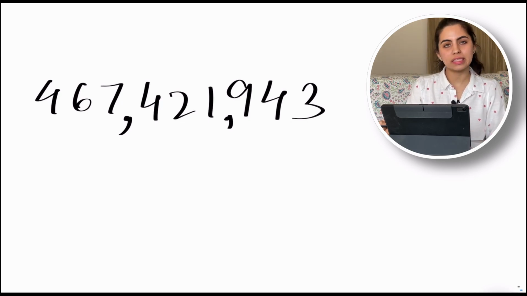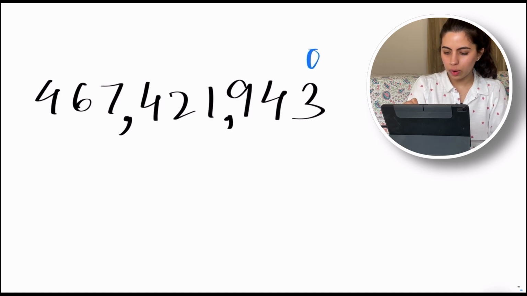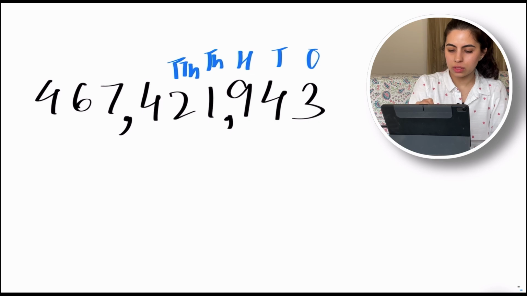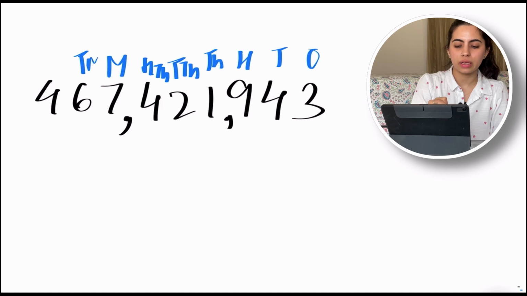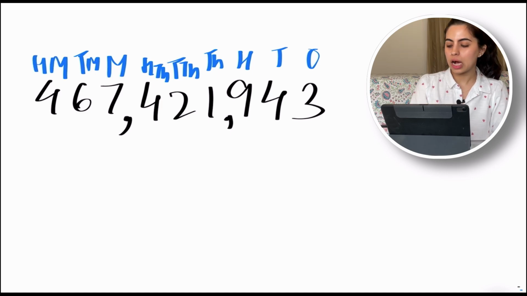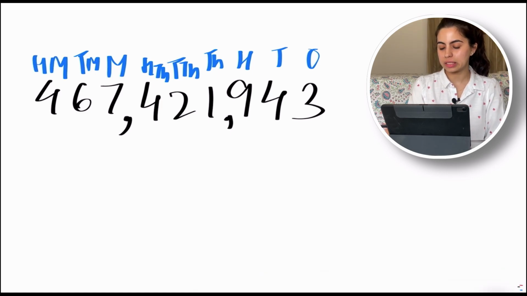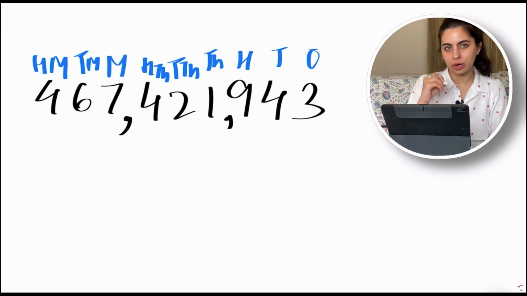Let me write the international number system on top: ones, tens, hundred, thousand, 10,000, 100,000. Then we have million, 10 million and 100 million. How will we write this number in the Indian system? For that I'm writing down the places of the Indian number system: ones, tens, hundreds, thousands.